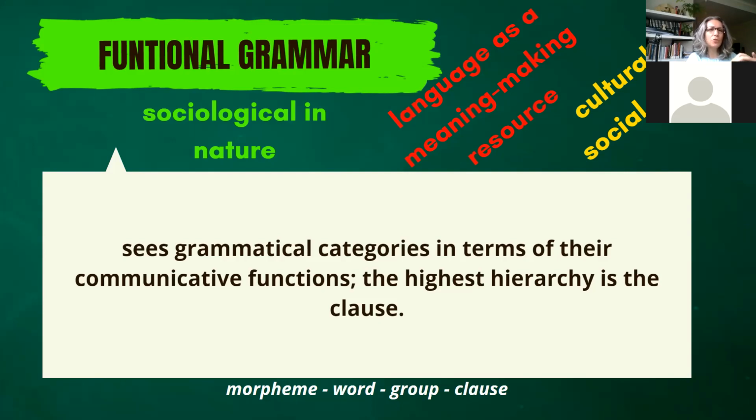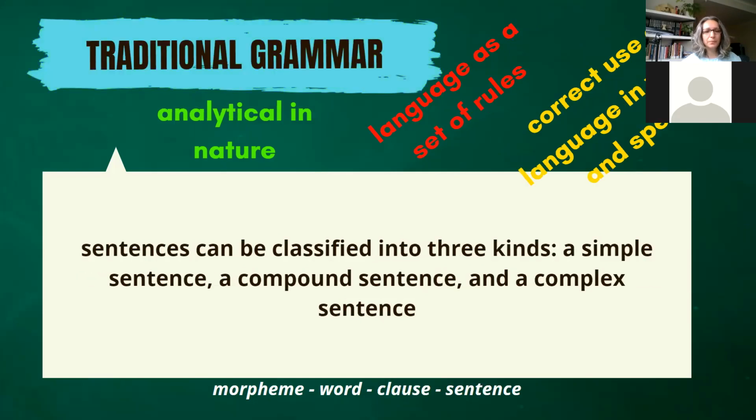And it's got a sociological nature at its basis. It's suited, I guess, for learners of English who haven't got that cultural and social context. They kind of need to know expressions. They have to find and use expressions as a group of words rather than individual words they have to put together. So that is that functional grammar aspect.